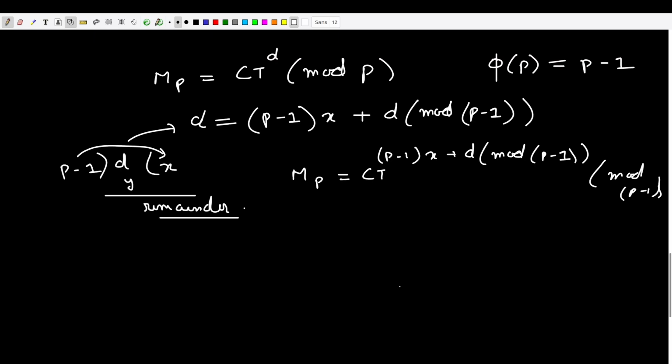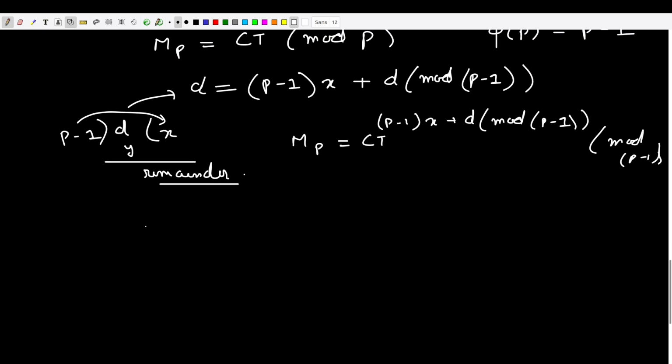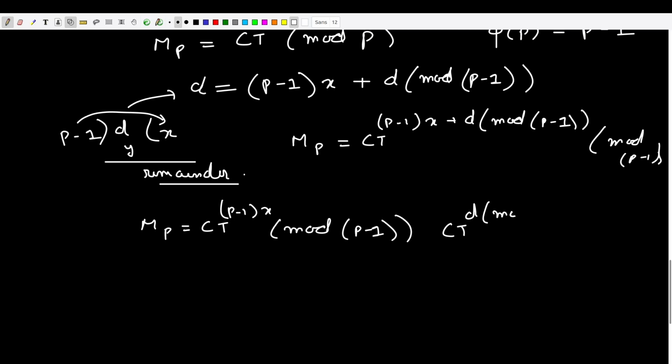Now we can rewrite MP as ciphertext ct to the power (p minus 1) times x, times ct to the power d mod p minus 1, and this entire thing is modulo p.